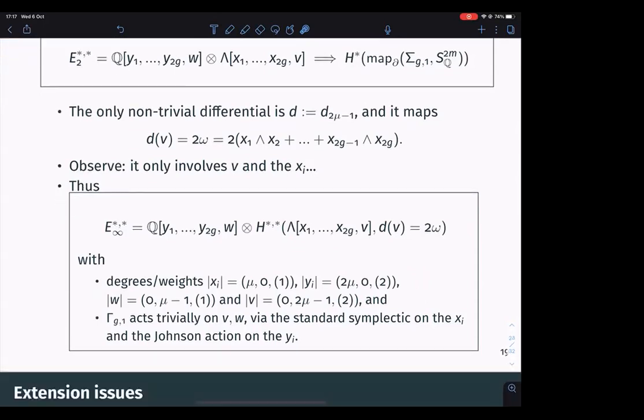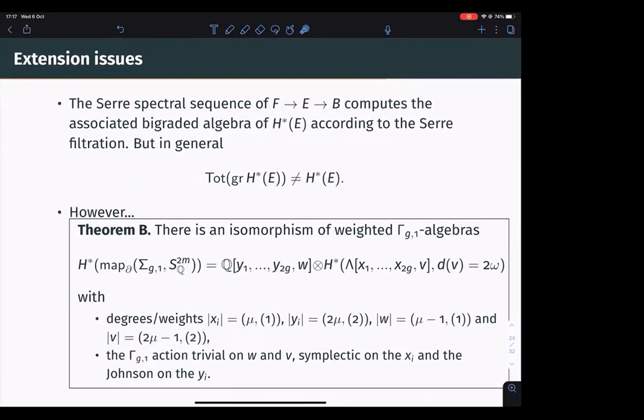Now, are we done? Well, not in general, because what we get from a spectral sequence is an associated graded object to the object that we started with. And taking totalization of that does not give you the initial object we started with. But in this case, it turns out that it's true.